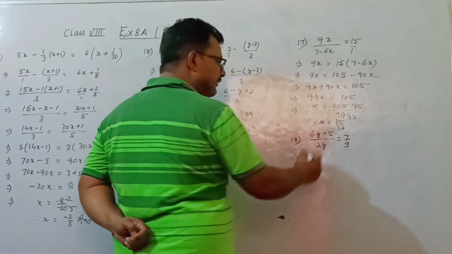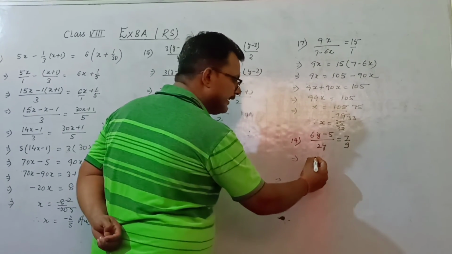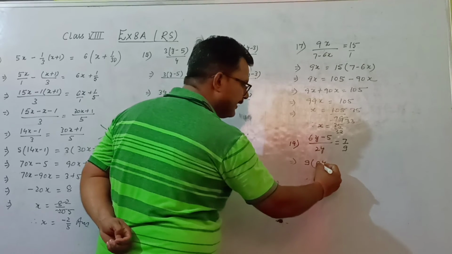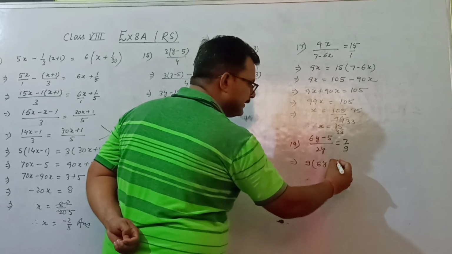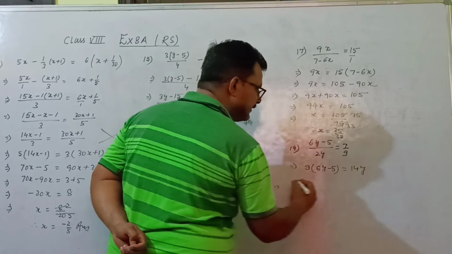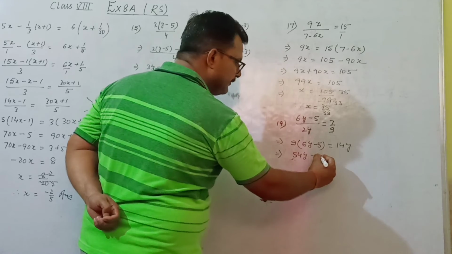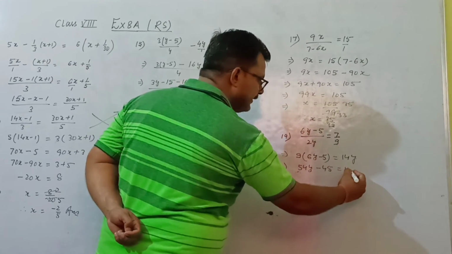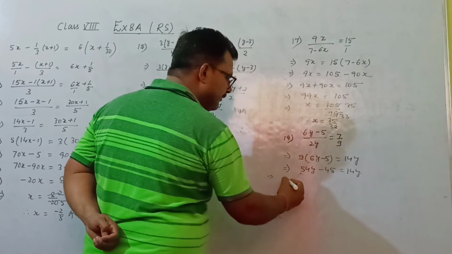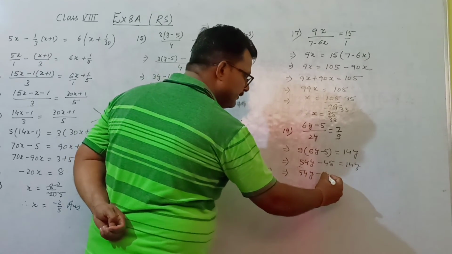Now again you have to do the same work, cross multiply. 9 will multiply with (6y minus 5). 7 will multiply with 2y, 14y. Now 9 times 6 is 54y, 9 times 5 is 45, 14y. 14y will be transposed here, so 54y minus 14y.